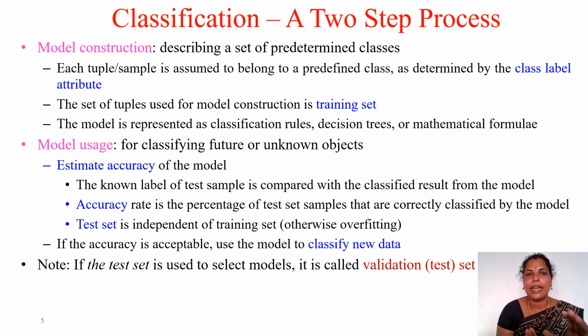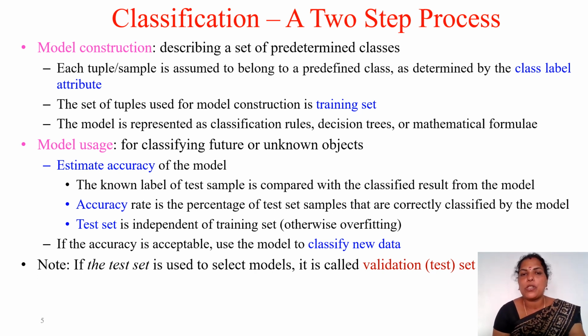So in any classification approach or process, we have two steps: the training phase and the testing phase. In the training phase we construct a model and in the testing phase we use the constructed model. In model construction, we describe a set of predetermined classes. Each tuple or sample is assumed to belong to a predefined class as determined by the class label attribute.